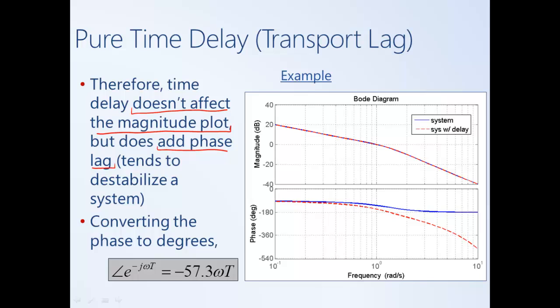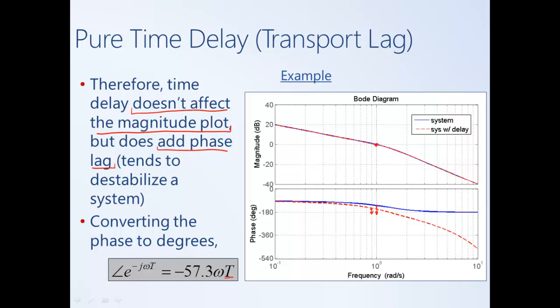So you can see originally, if this is the gain crossover frequency, the blue line had that much phase margin. You add in the delay, and now you have less phase margin. You add more delay, you eat that away further, and eventually you'll destabilize the system. The phase margin will become negative and your system is unstable.